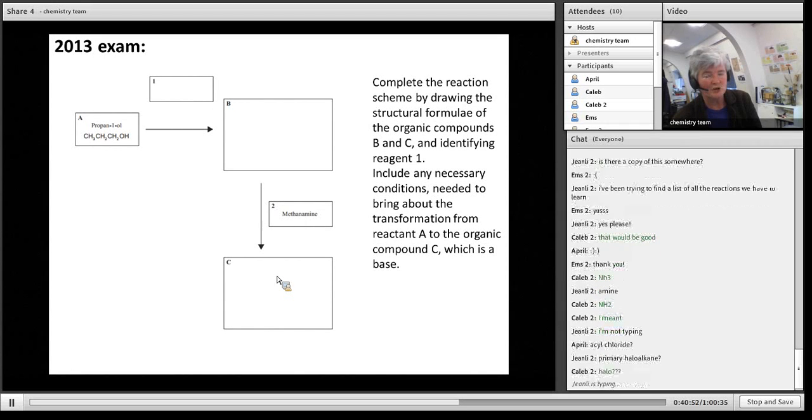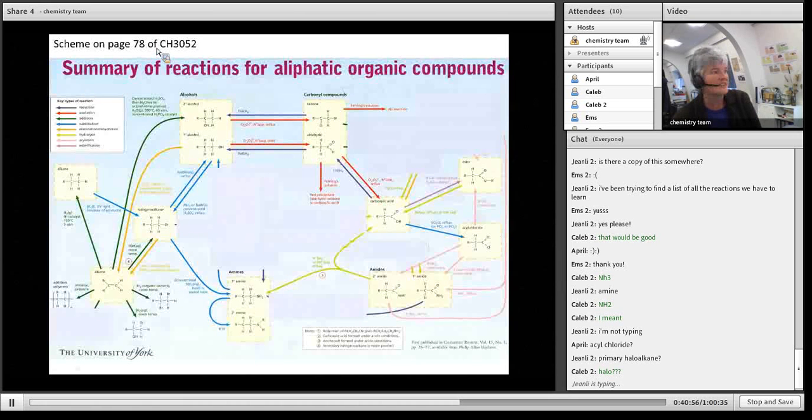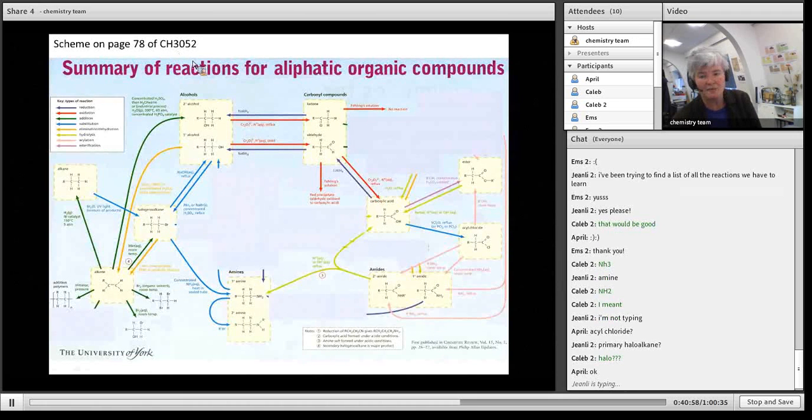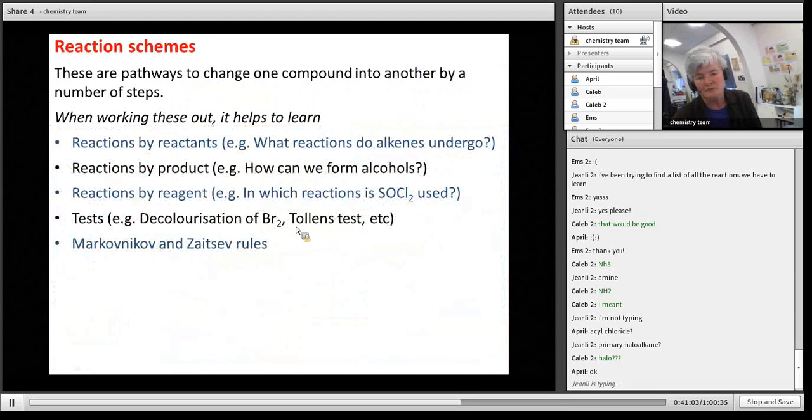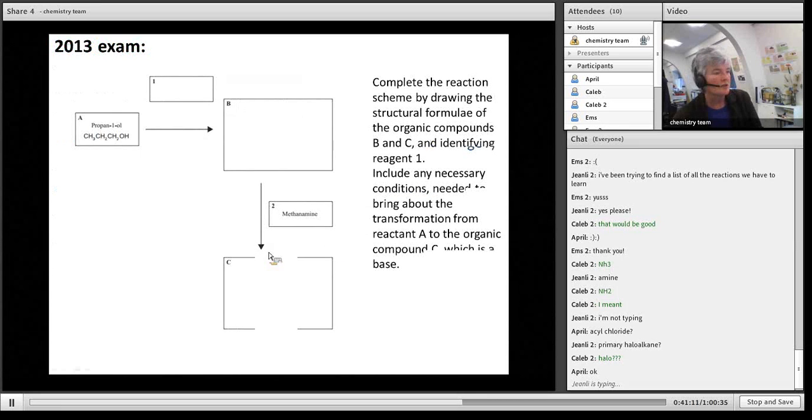As I say, there is a scheme, if I go back over here, page 78, you can also use that one. The haloalkane, correct? It can be a secondary haloalkane, John, it doesn't have to be a primary one. So we've got to have a haloalkane there, and then an amine here. It'll be a secondary amine, but it'll still be basic. Only the tertiary amines aren't basic.